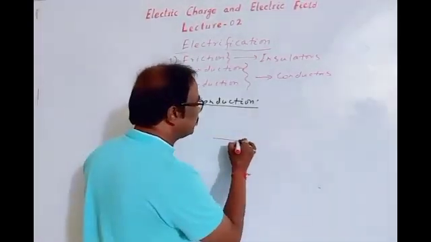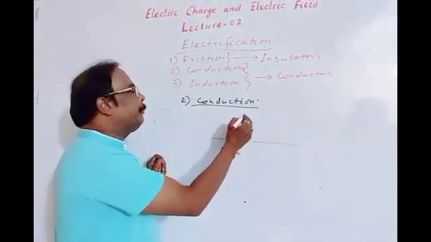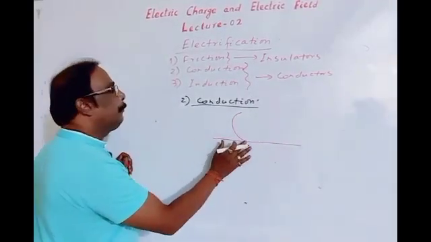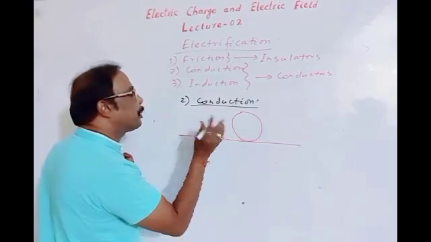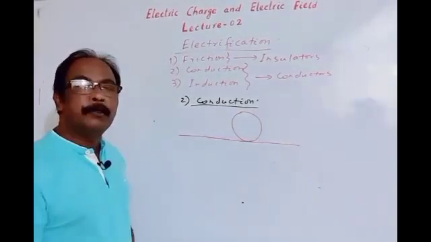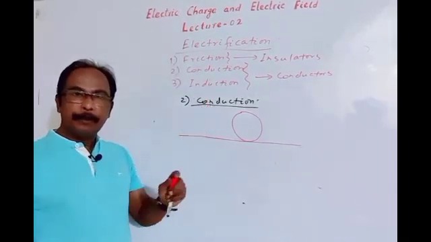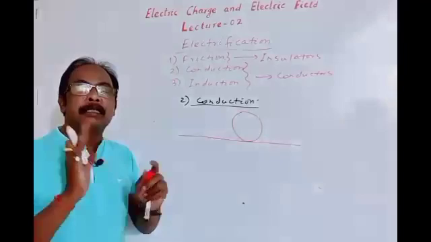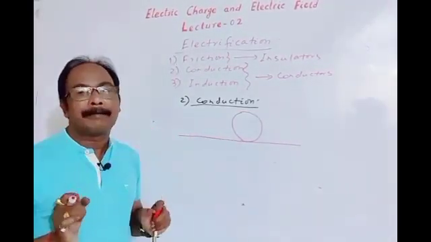Then about conduction. Conduction is the method of electrification due to physical contact of a charged body with an uncharged body. The method of conduction implies conduction is the process of electrification due to physical contact, means the bodies must come in contact.